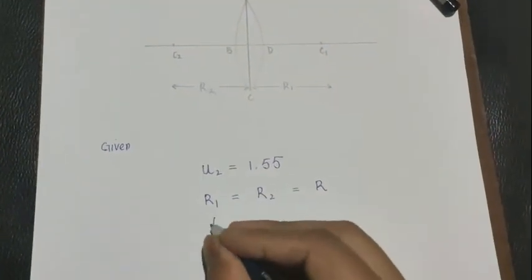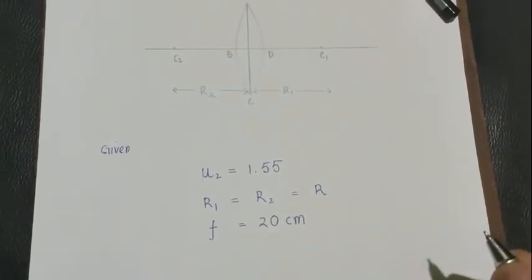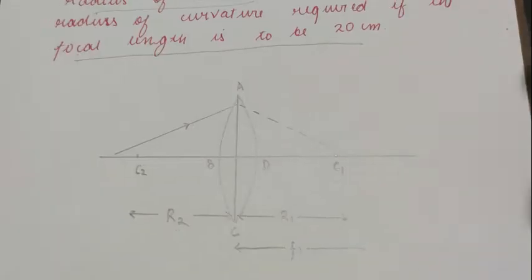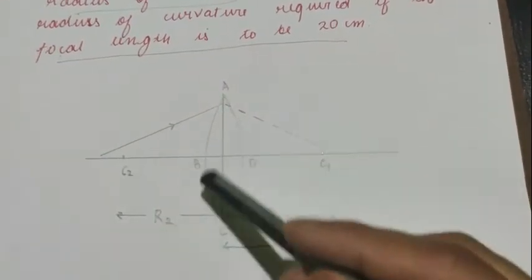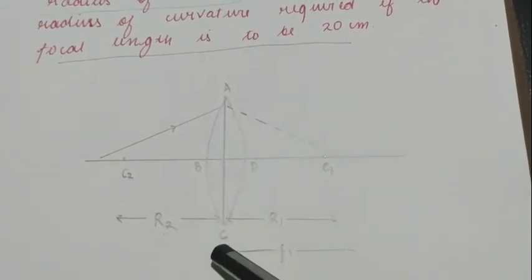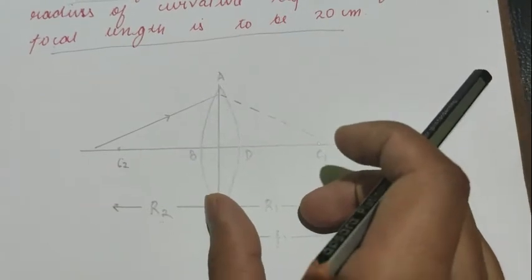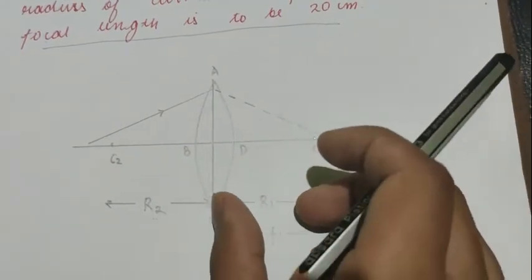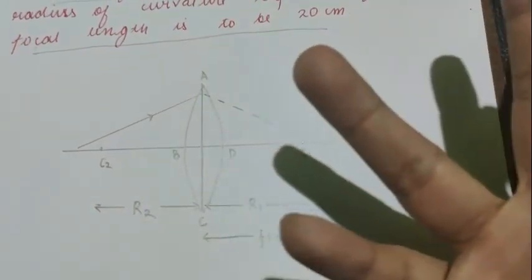So f equals 20 centimeter, which means if you have an object in front of your lens, you have to adjust the lens in such a manner that these two radii of curvature should be at what value?